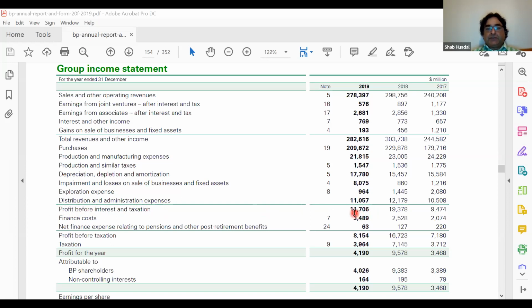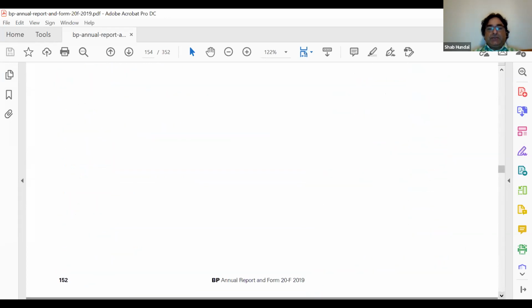So this is the numerator. And then the bottom would be called the shareholders' equity, shareholders' book value of equity, or we can call it net assets or net worth. And we find this denominator in the balance sheet. So let's go to the balance sheet.